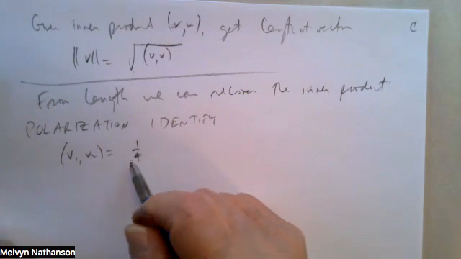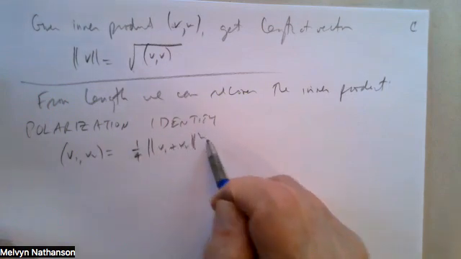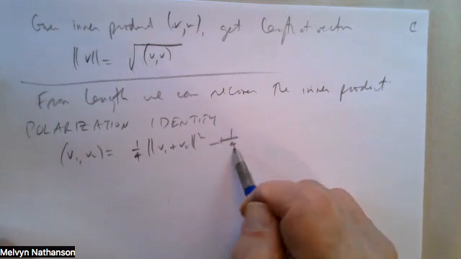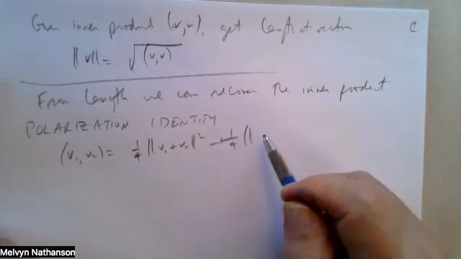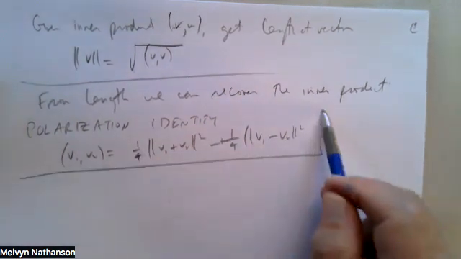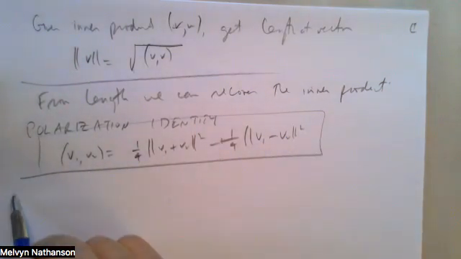This is 1/4 the length of V1 plus V2 squared minus 1/4 times the length of V1 minus V2 squared. So if you know the lengths of vectors, you can get an inner product. And the proof goes as follows.